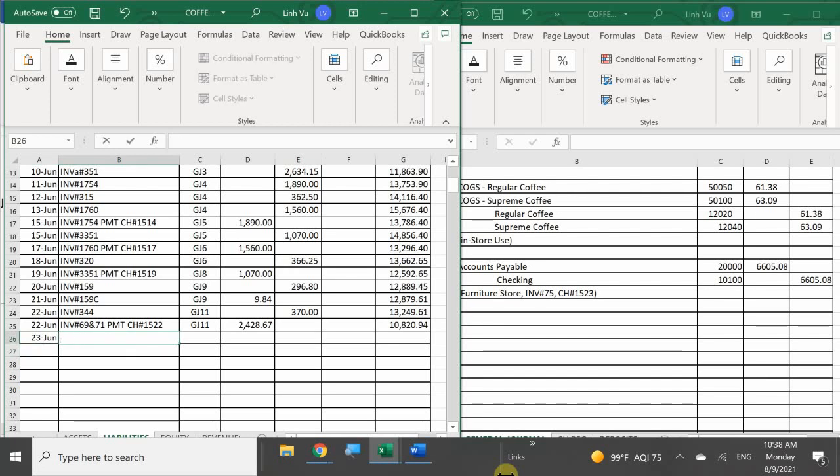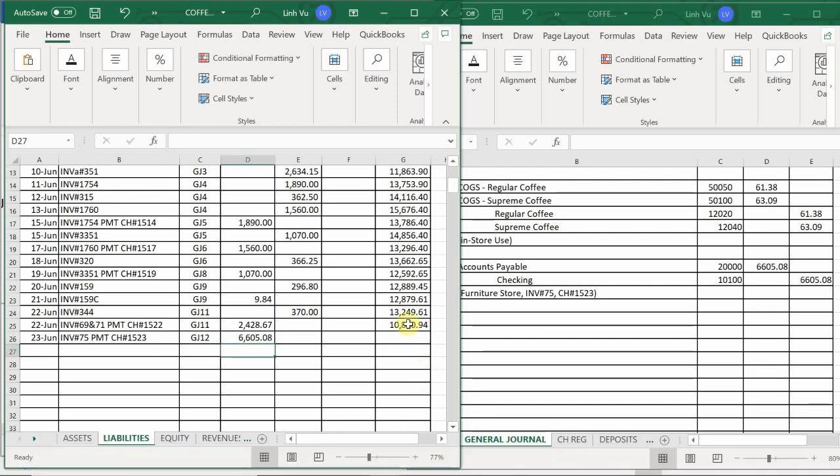Payment with check number 1523. General Journal 12. Should give you a running balance of 4,215.86. Excellent. Yay, we finally are dropping our liabilities.